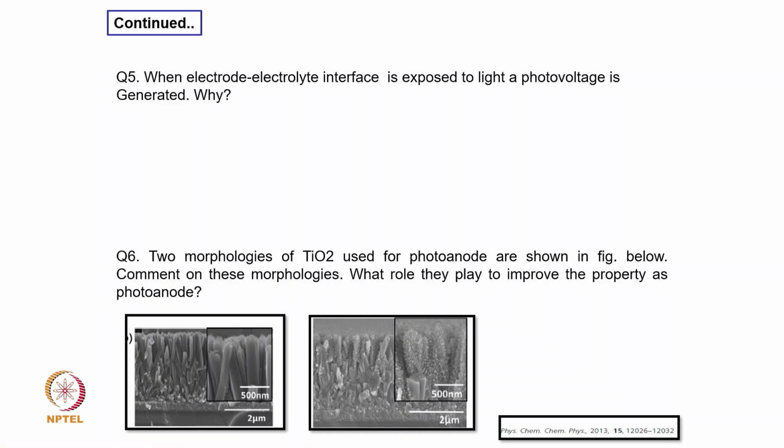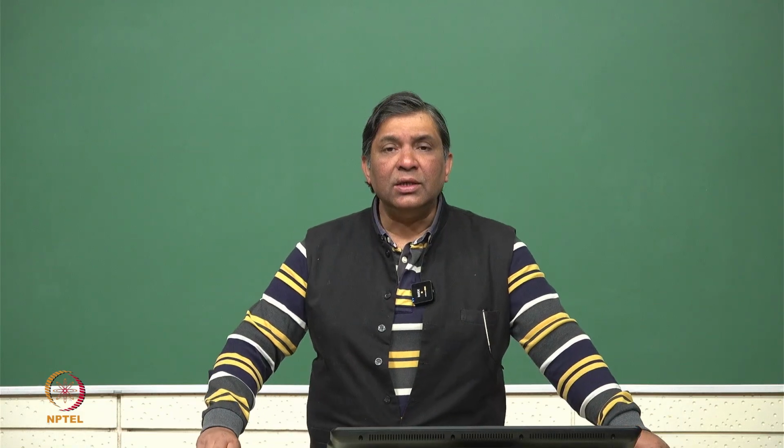Now, the next question is: when the electrode-electrolyte interface is exposed to light, a photovoltage is generated. Why? We can again understand it on the basis of the energy level diagram.